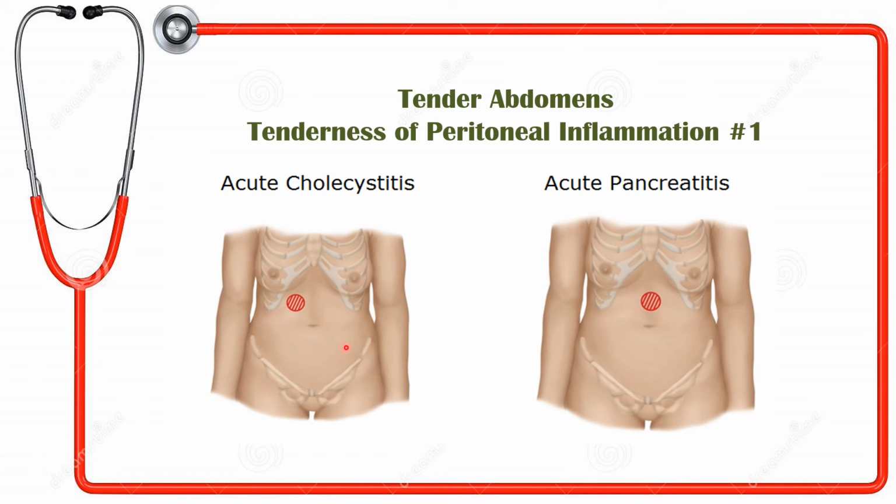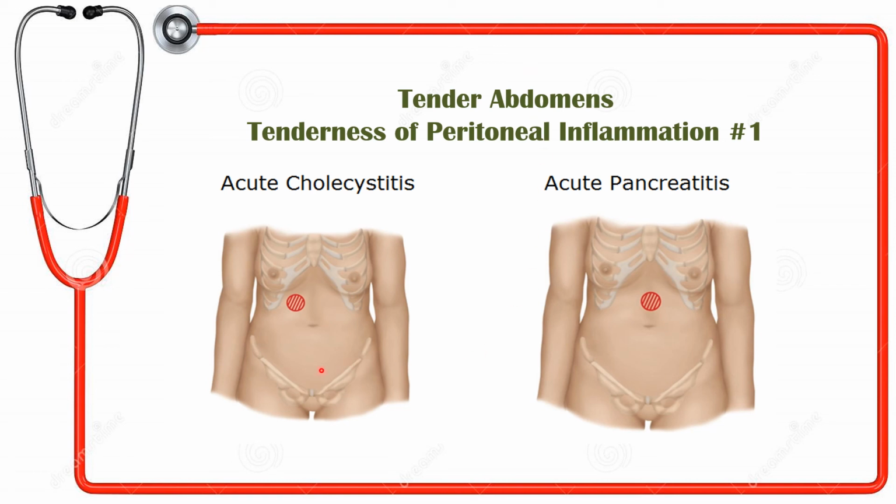So generalized peritonitis causes exquisite tenderness throughout the abdomen, together with board-like muscular rigidity. These signs on palpation, especially the abdominal rigidity, could double the likelihood of peritonitis or inflammation of the peritoneum.